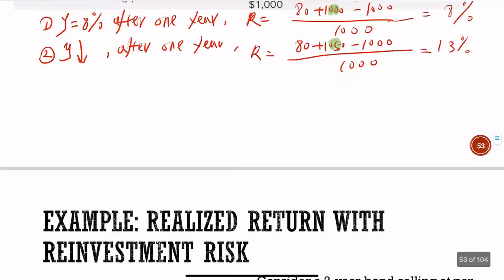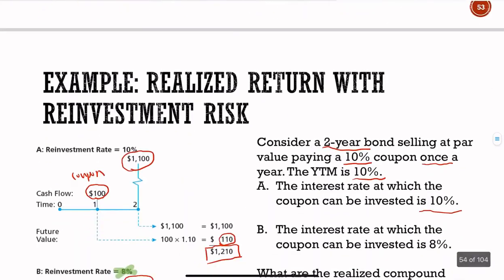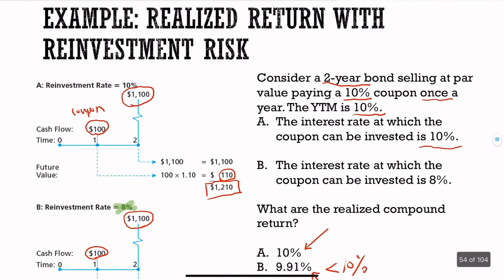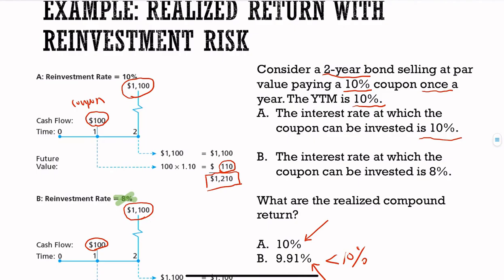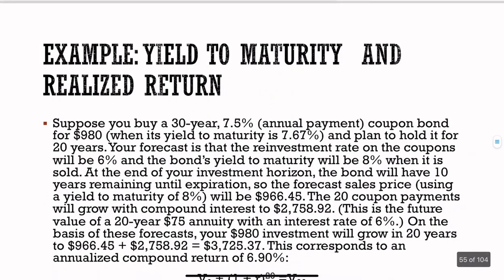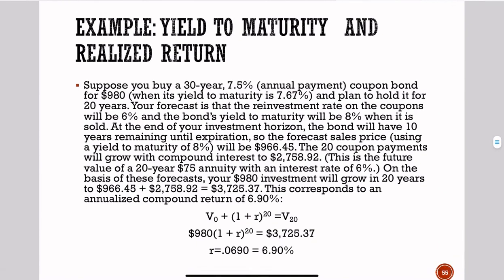Clearly, in the previous example, we were purely thinking about the price risk. And in this second example, because you're holding your bond until maturity date, there's no price risk. In this case, you will only suffer from the reinvestment risk. Okay, now let's see this example.